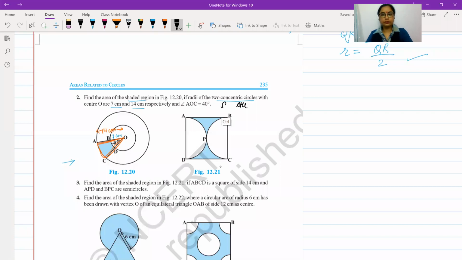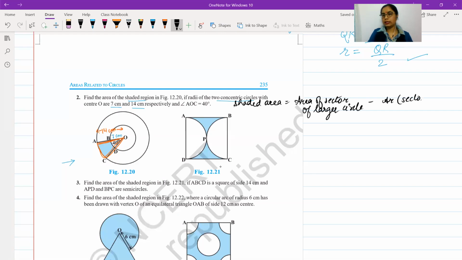Shaded area is equal to area of sector of larger circle. You can also write down the larger sector simply, minus the area of sector of smaller circle. The only thing that will change is the radius.